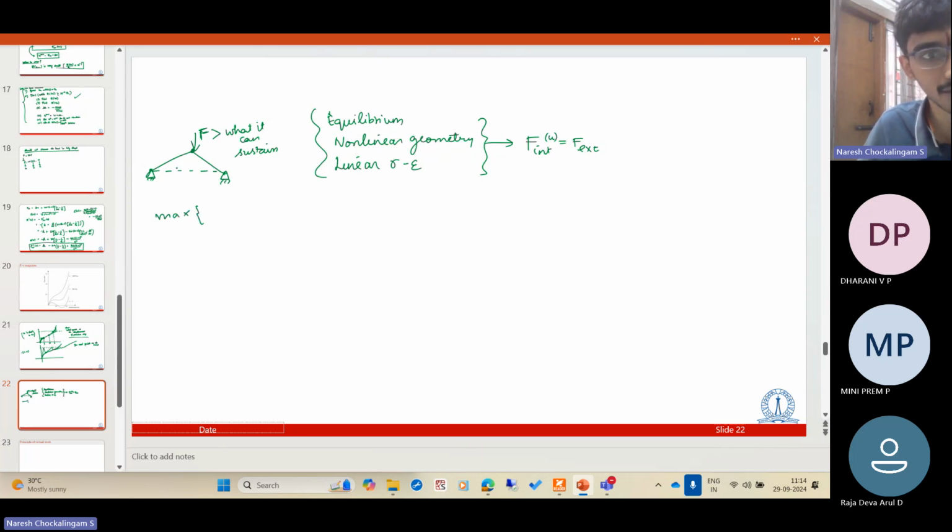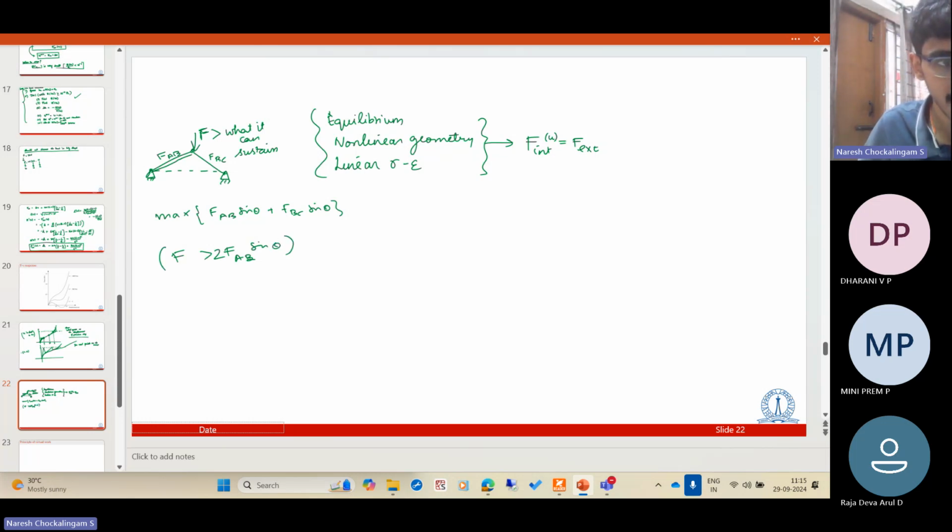So just suppose the spring is not there. Suppose the spring is not there, you have F_AB and you have F_BC. If F is greater than F_AB sine theta plus F_BC sine theta, what happens? Let's just make it 2 F_AB sine theta because of symmetry.